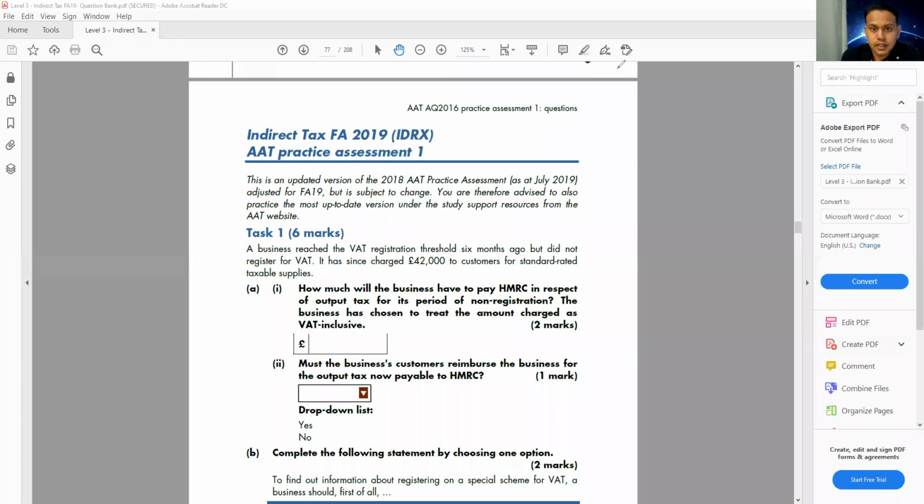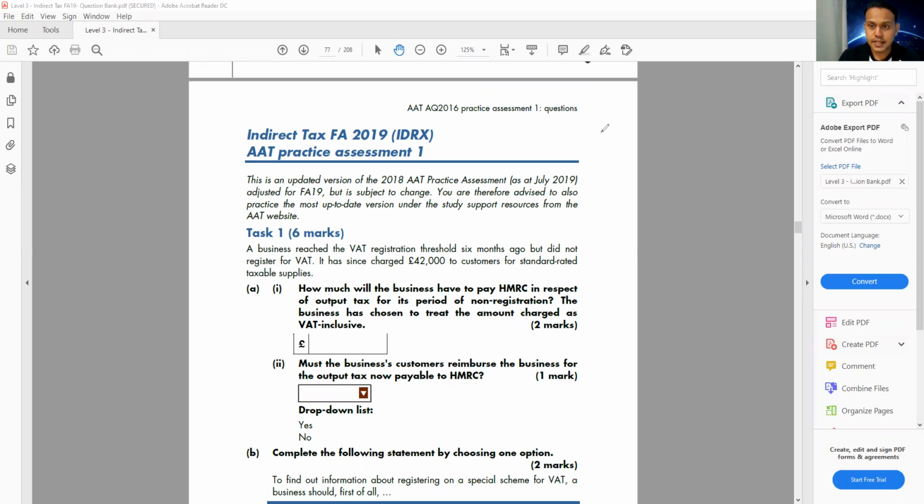So let's start with this question one. First thing, when you receive the question, when you open the question, when your exam has started, you need to identify how many questions you're going to see in the exam. That will be a total of 8 tasks.